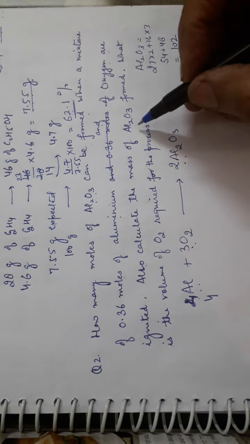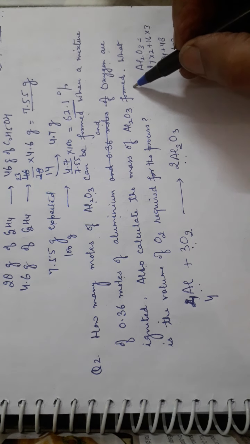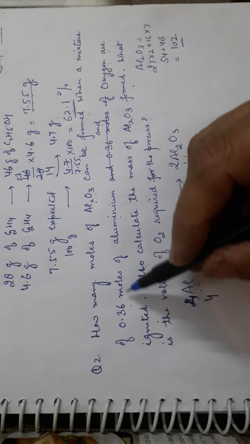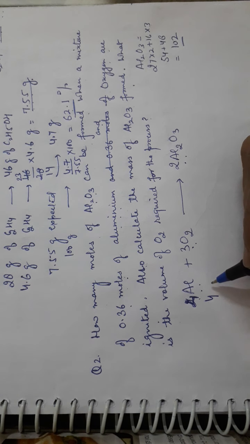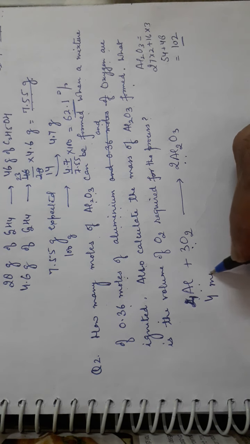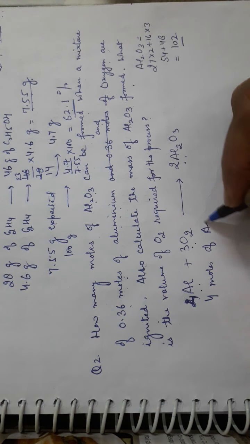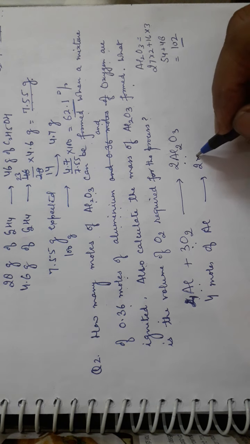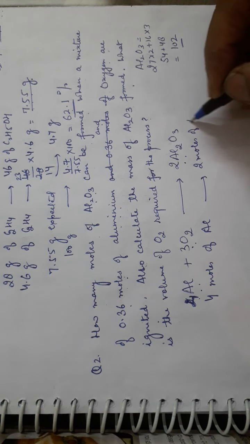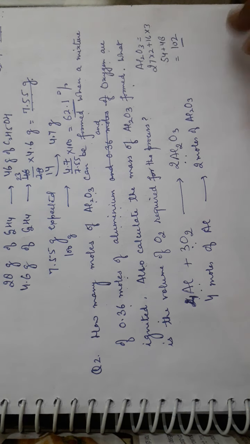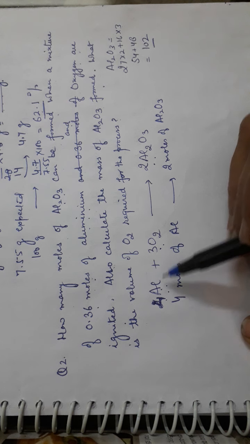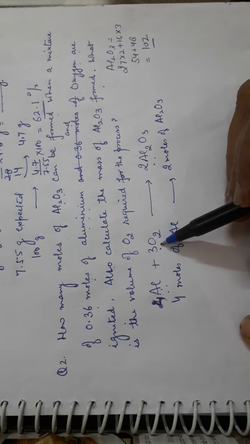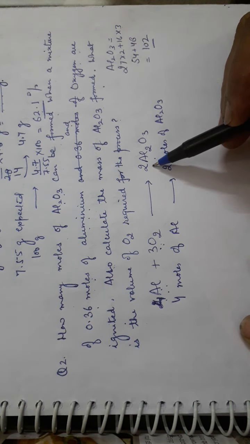We have to find out the mass of alumina formed, and we are given 0.36 moles of aluminium. So we'll be calculating it in terms of moles itself. 4 moles of aluminium are producing 2 moles of alumina.